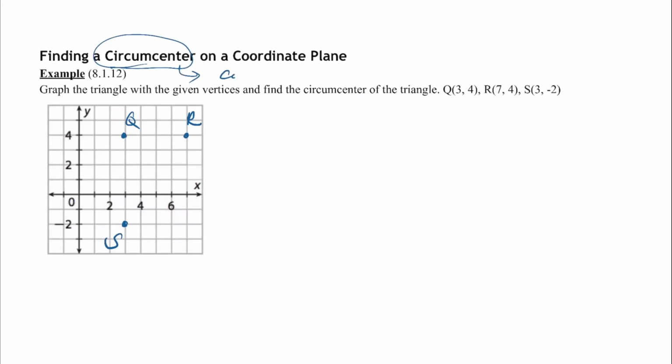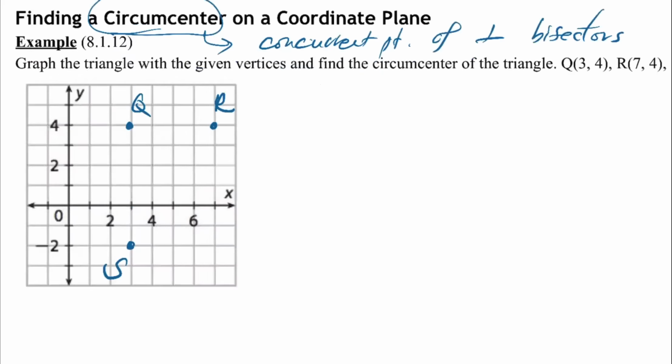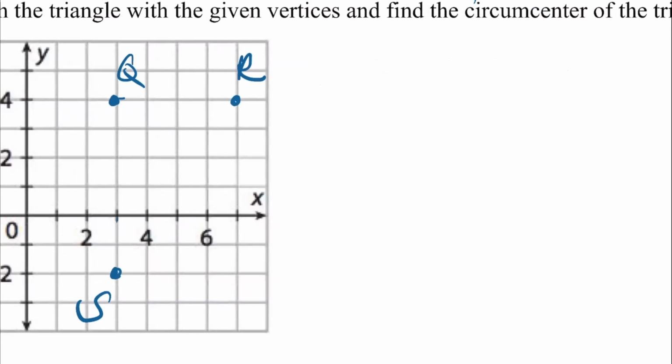So in order to find the circumcenter, we're looking for the concurrent point of perpendicular bisectors. Because all three perpendicular bisectors meet at the same point, we only need to do two. The perpendicular bisector of QR, without using any special tools, is here.